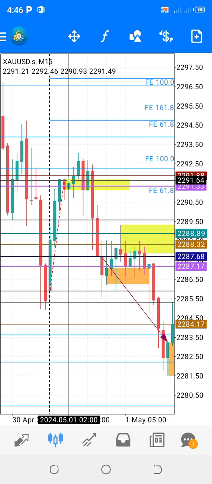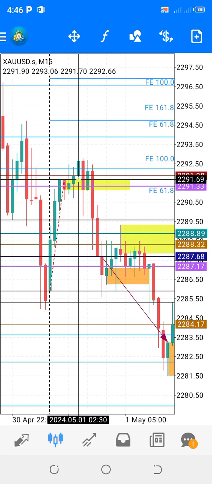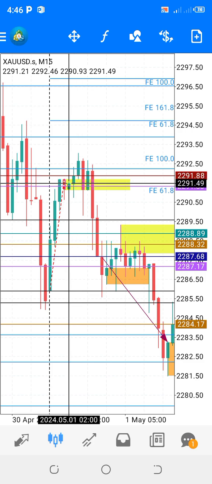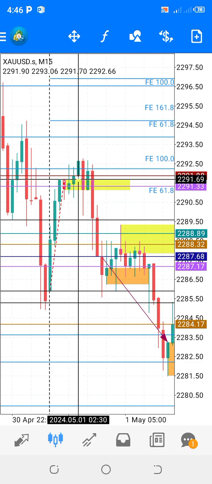So when the market returns from expansion into the trend continuation level, which also is into the consolidation zone, what that gives you is a correction entry opportunity. So that is what we are watching for here.